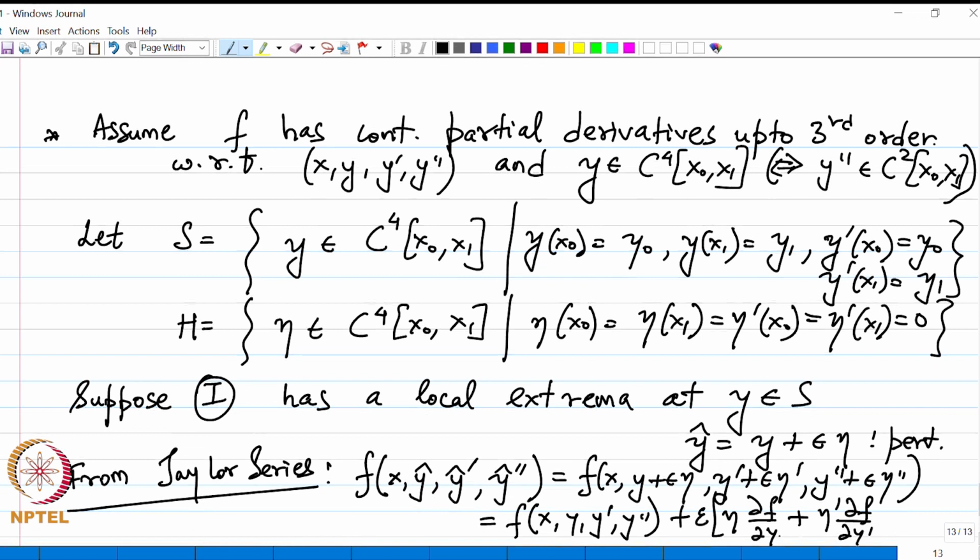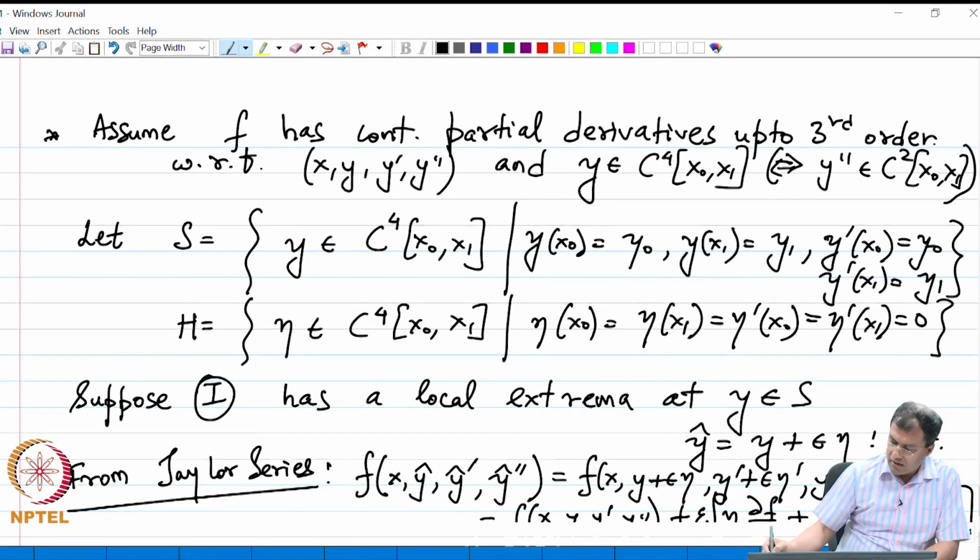Notice that these first two terms are identical to our derivation of Euler-Lagrange in the standard case, but now we have an additional term which is eta double prime del f del y double prime, right. That comes from the fact that now f is also a function of y double prime, right, and plus higher order terms, right. I do not care about the higher order terms for epsilon sufficiently small.